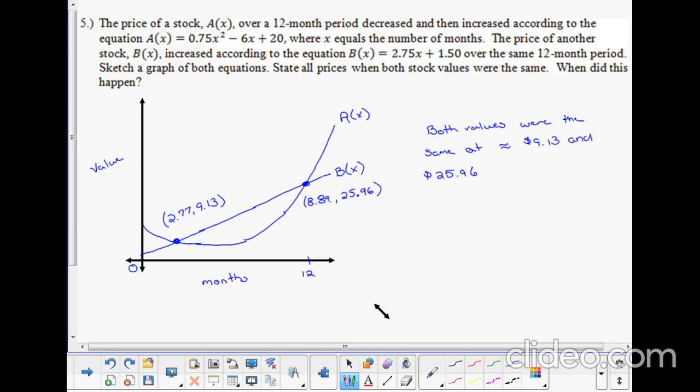We're assuming maybe per share, but we're just going to leave it as that. And then it also says, when did this happen? This occurred during, it says over a 12-month period, but we don't know for sure if this is January to December. So this occurred during the 2nd and 8th months, respectively.